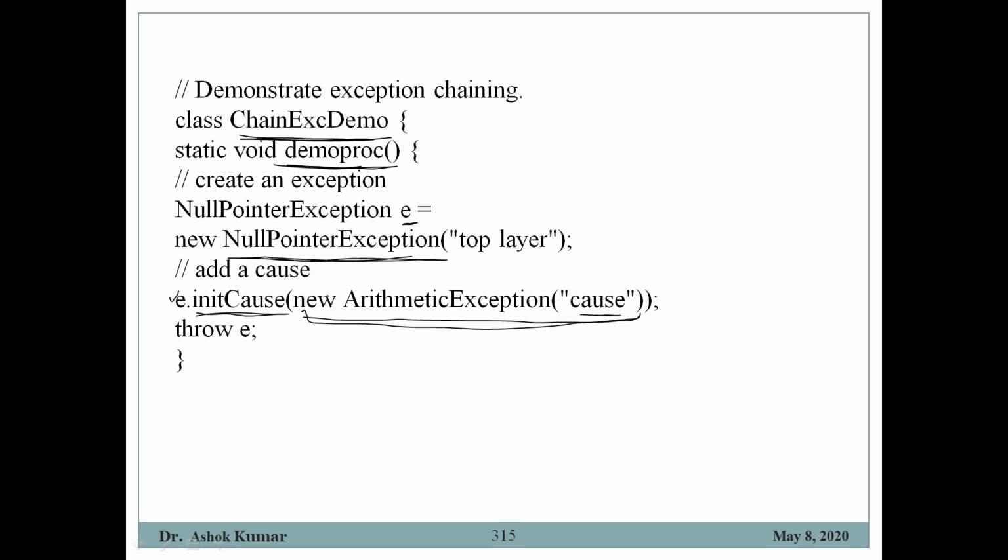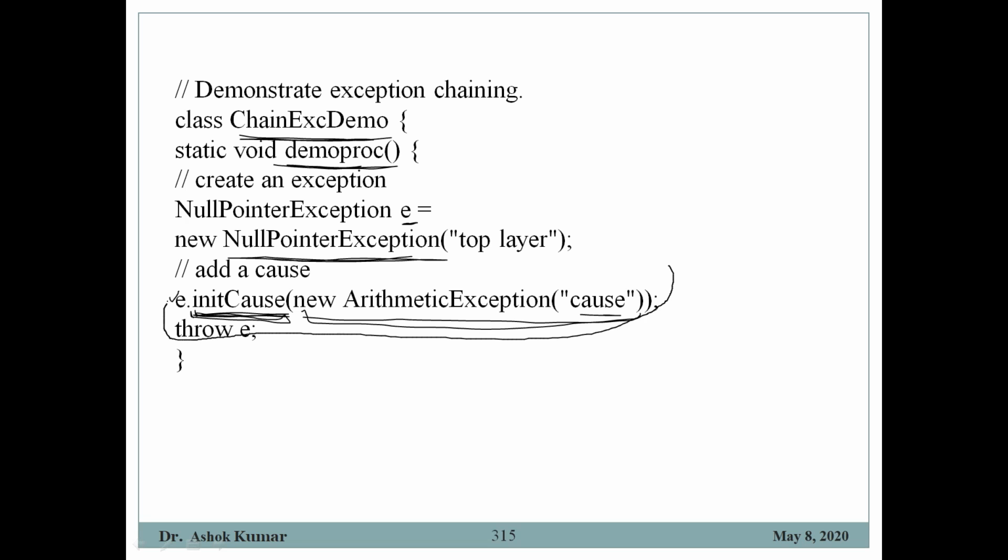So we have attached the reason ArithmeticException with the NullPointerException. And how you can attach the reason exception is through the call of the initCause method. This is the important point. The remaining step is the same.